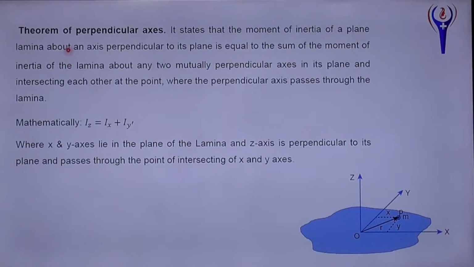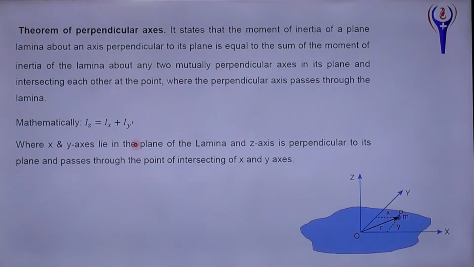Write down the formula for the perpendicular axis theorem: Iz equal to Ix plus Iy. Based on this, we will determine the moment of inertia of materials having different shapes, and we will work out the problems also.